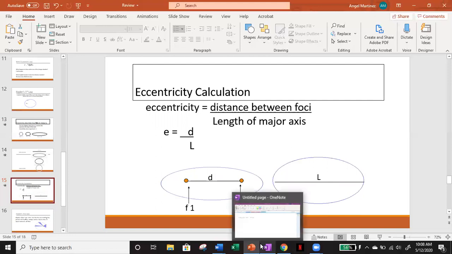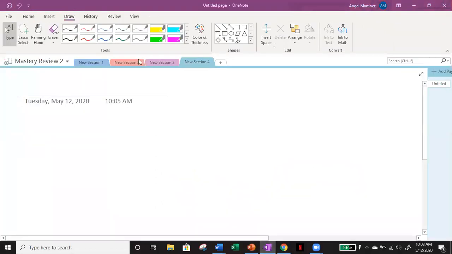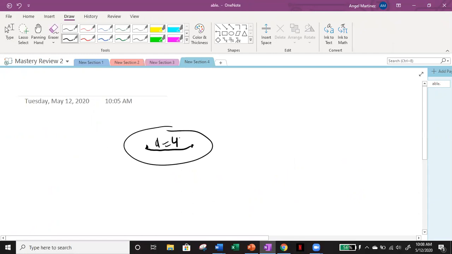To provide an example, let's say we have an ellipse with two focal points here. Let's say d equals 4 centimeters. Then L, the entire length, is 10.